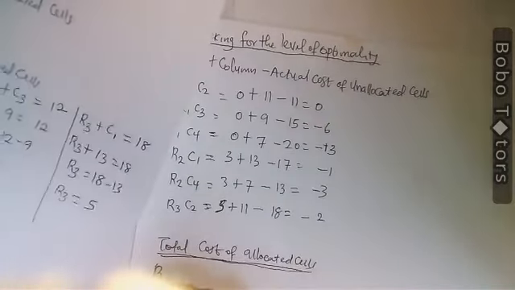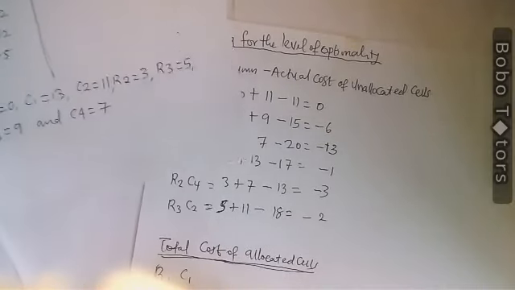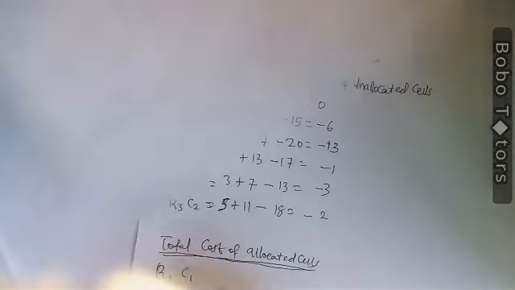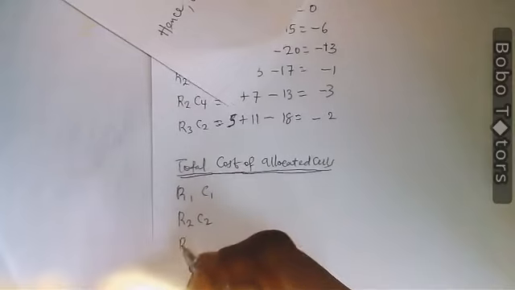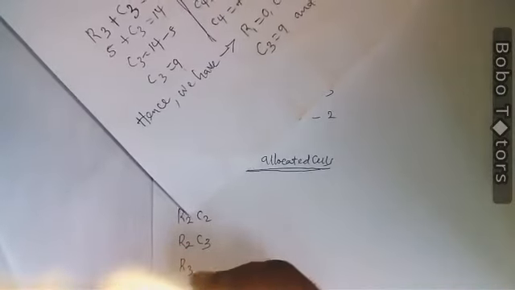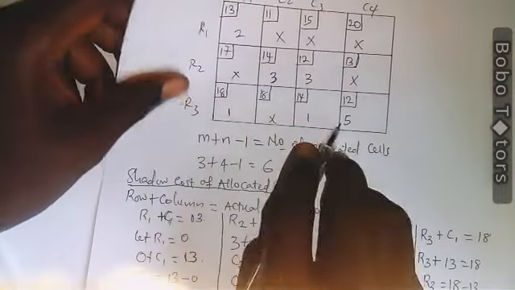We have row 1 column 1, row 2 column 2, row 2 column 3, row 3 column 1, row 3 column 3, and row 3 column 5.